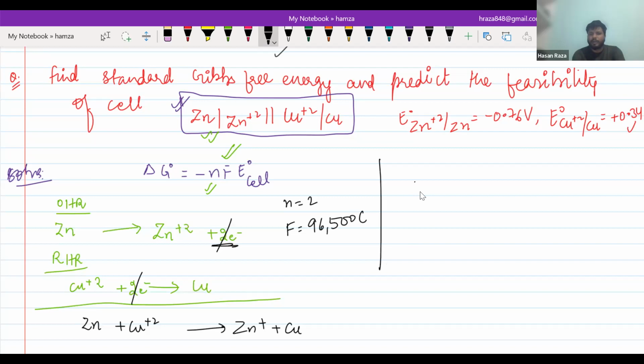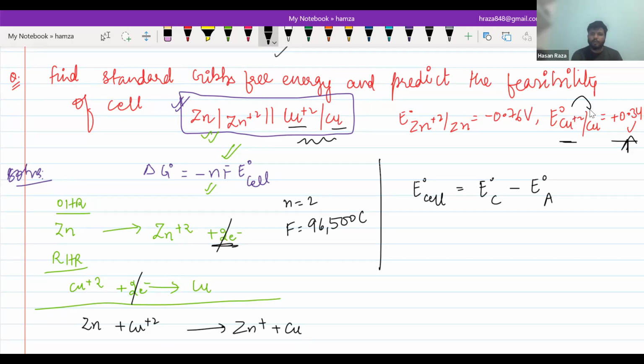Now we need to calculate E naught cell. E naught cell is E naught cathode minus E naught anode. Right side is the cathode, that means Cu plus 2 and Cu. Before writing the value, check whether the E naught value is of oxidation potential or reduction potential.